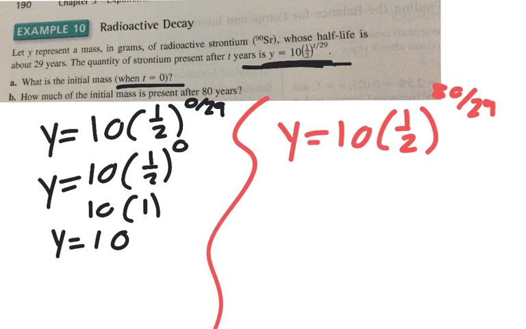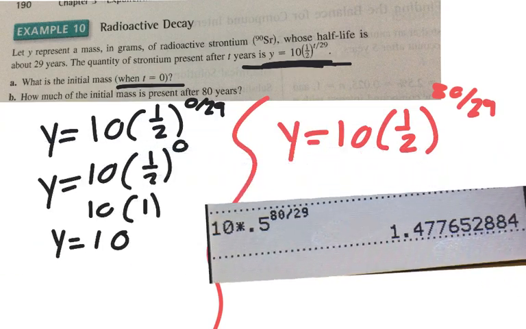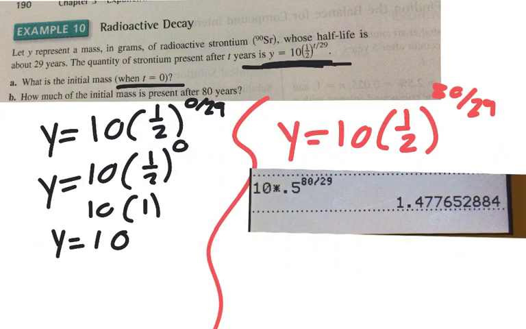So I'm plugging in 10 times 1/2 raised to the 80 divided by 29. When I did that, I got 1.4776, and they rounded that to be about 1.48 grams.